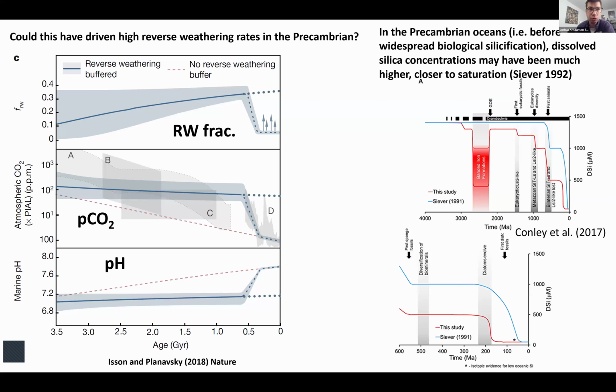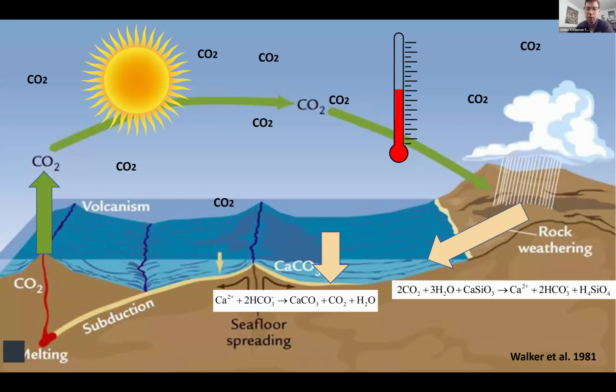What do I mean by reverse weathering? So again, going back to our schematic, this two-step process on the right-hand side is generally thought of as forward weathering.